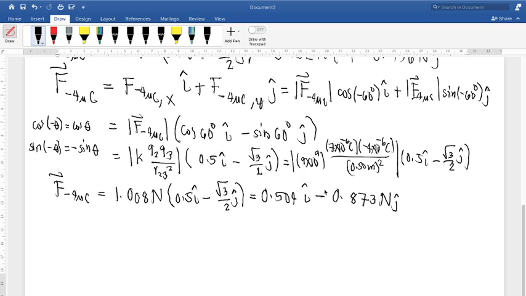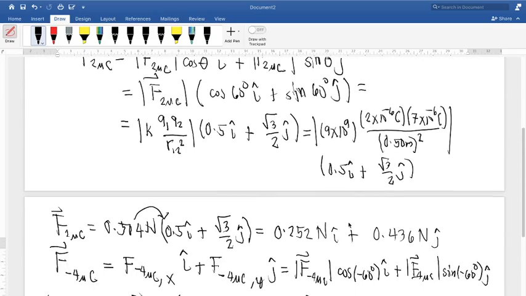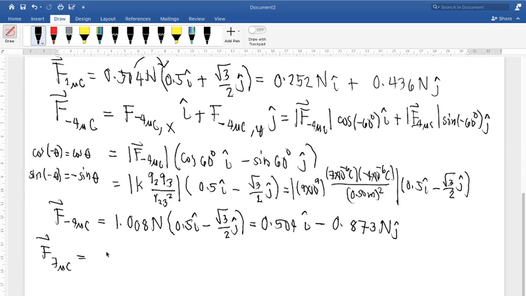So now, adding all of those forces, so that we can now get the force exerted on the 7 microcoulomb. The force by 2 microcoulomb is this one, so we have 0.252 Newton i hat plus 0.436 Newton j hat.